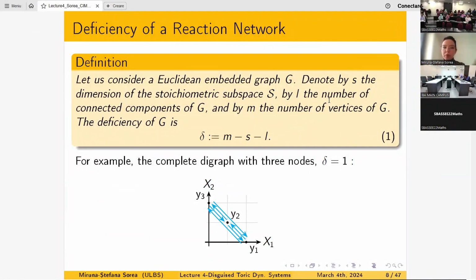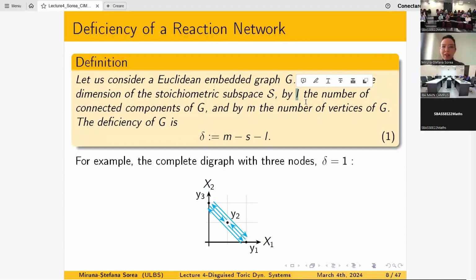Moreover, look at the graph and see how many connected components it has. And we denote this by L, here. In chemical reaction network theory, usually connected components are called linkage classes. So a connected component is called a linkage class. You might see this in the literature.